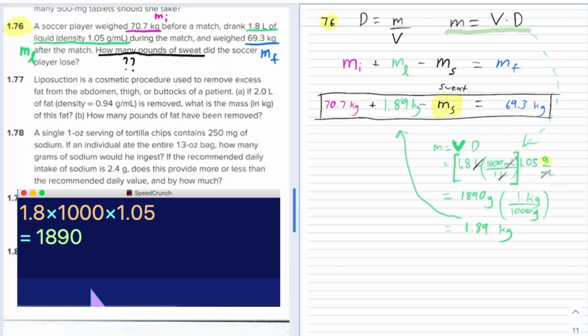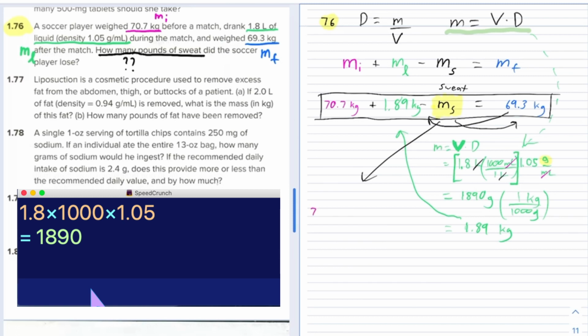So the mass of the sweat is going to be equal to, if we move this to the other side, you add the mass of the sweat to both sides, and you subtract 69.3 from both sides.